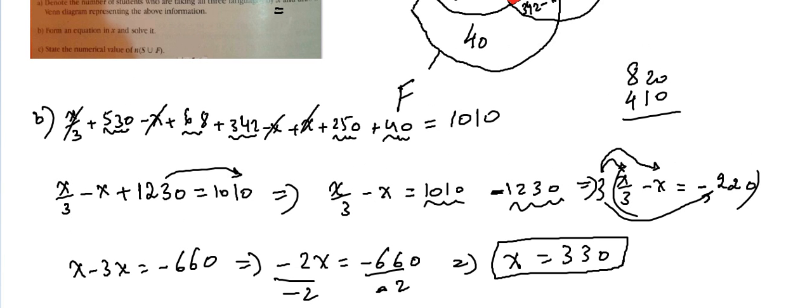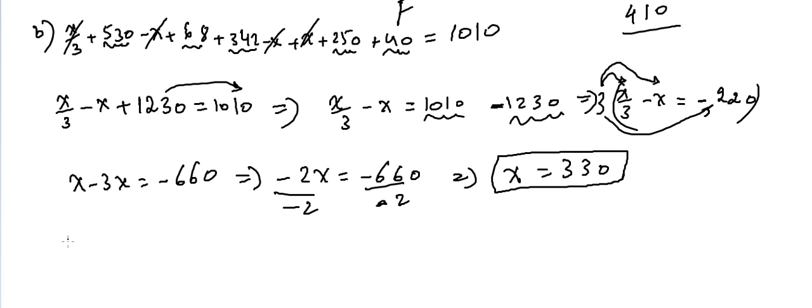State the numerical value of the number of students in S union F. What's the meaning of n of S union F? It's not the set S union F, it's the number of elements in it, the number of students in it.